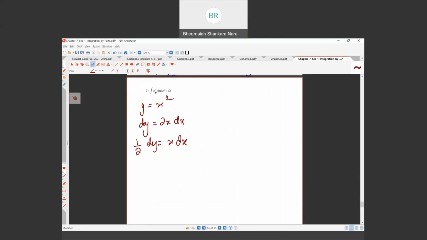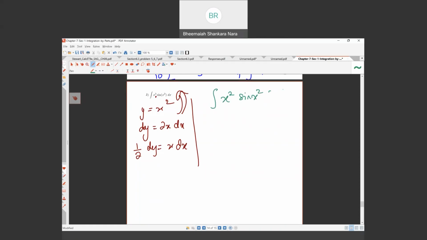Use this u-sub back in this problem and rewrite the problem. x cubed sin x squared can be written as x squared sin x squared and then times x dx. So carefully observe the x cubed term. I have split it as x squared times x. That can be done.